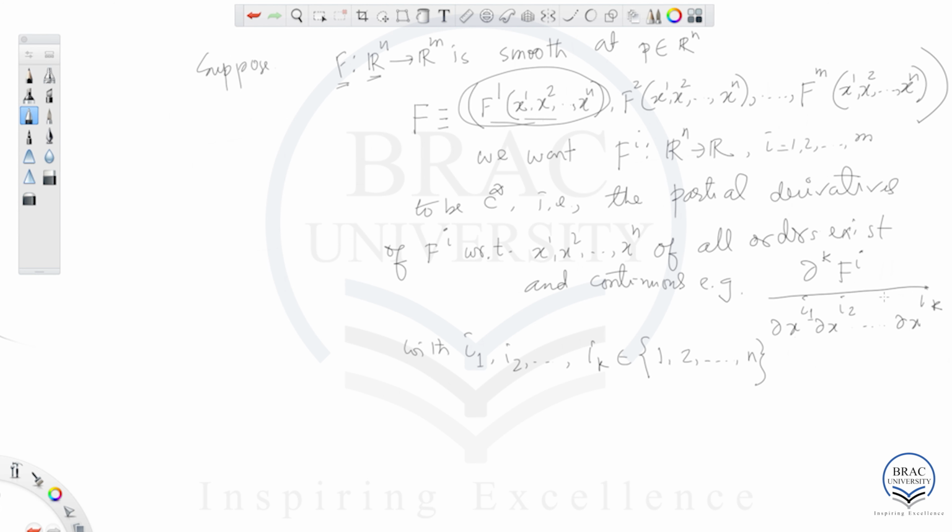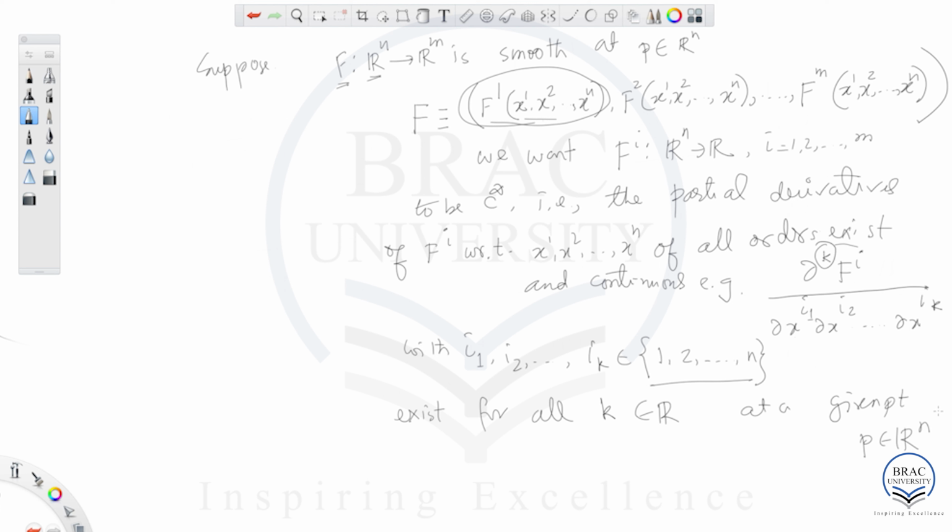All of them belong to this set. So these exist and they are all continuous, for all such k, they have to be integers of course, and are continuous at a given point p in R^n.